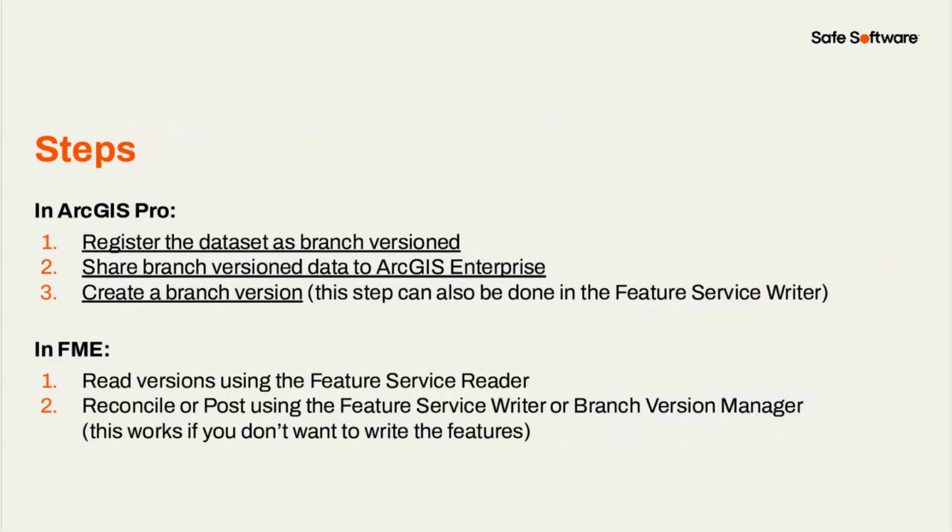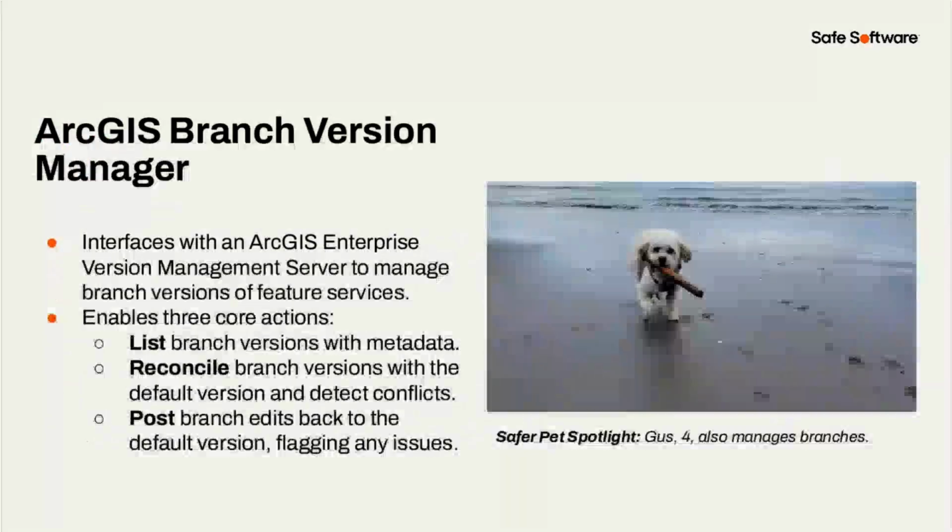And that's really where this comes in. Before, you would have to write your data and post and reconcile at the same time. But here you could choose to post or reconcile outside of that typical write session. So let's say you want to do that overnight, you could use the branch version manager to do so.